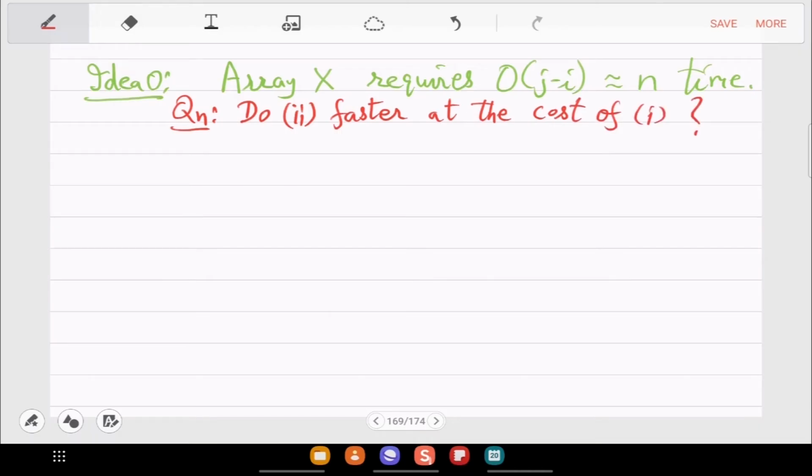So for example, by your tree intuition, can you do both of these things in log n time? Right? So reporting becomes a bit slower, but multi-increment becomes exponentially faster. That is what we'll solve.